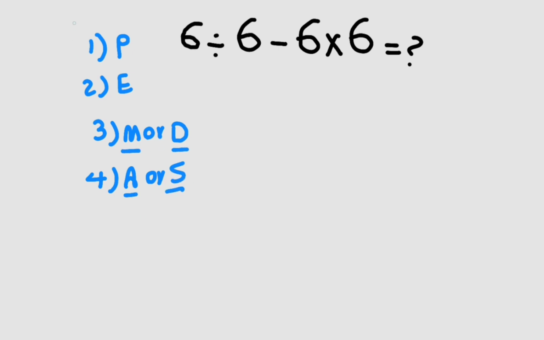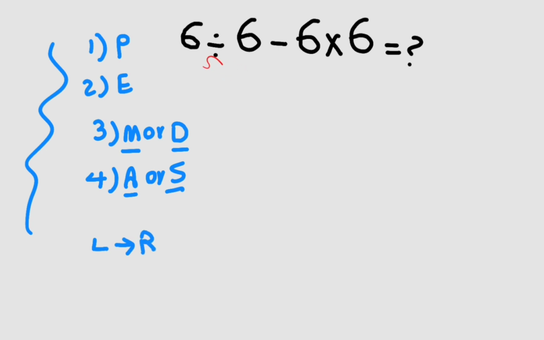So according to this rule, we have one division here and one multiplication here that we have to solve first. As we know, division and multiplication have equal priority, so we have to solve from left to right.